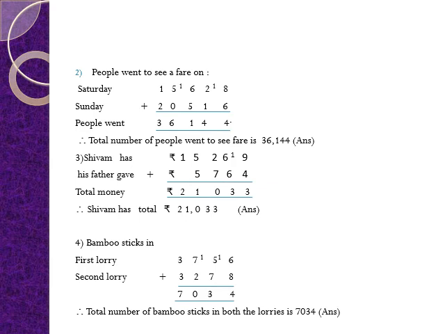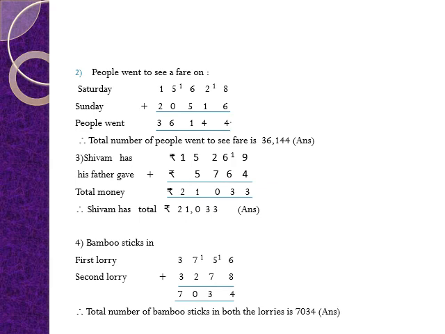Question 2. 15,628 people went to see a fair on Saturday and 20,516 went on Sunday. How many people went to see the fair? So you will first write people who went to the fair on Saturday, 15,628, and on Sunday 20,516. So how many people went in total? You have to add the numbers.